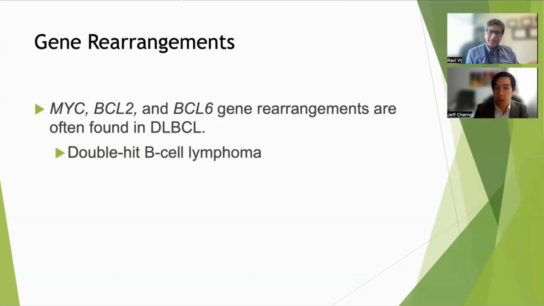And there are certain cutoffs for what constitutes as positive or negative. 40% MYC and 50% BCL2 is what we use at Columbia, though some centers likely define it slightly differently.